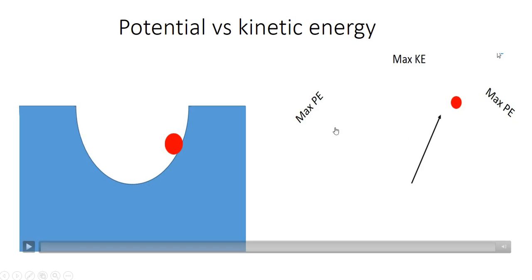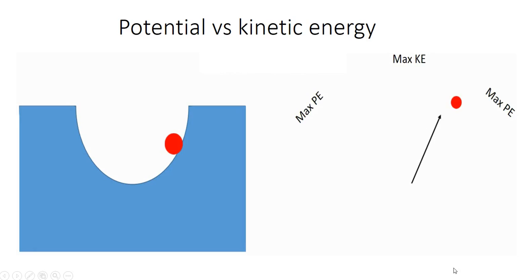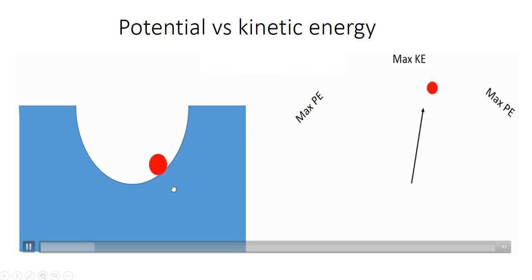So you observe how the arrow will be moving as the ball is rolling up and down this dip. As the ball is here, we are at maximum kinetic energy. Whenever the ball is here, we are at maximum potential energy. The same maximum potential energy the other side.